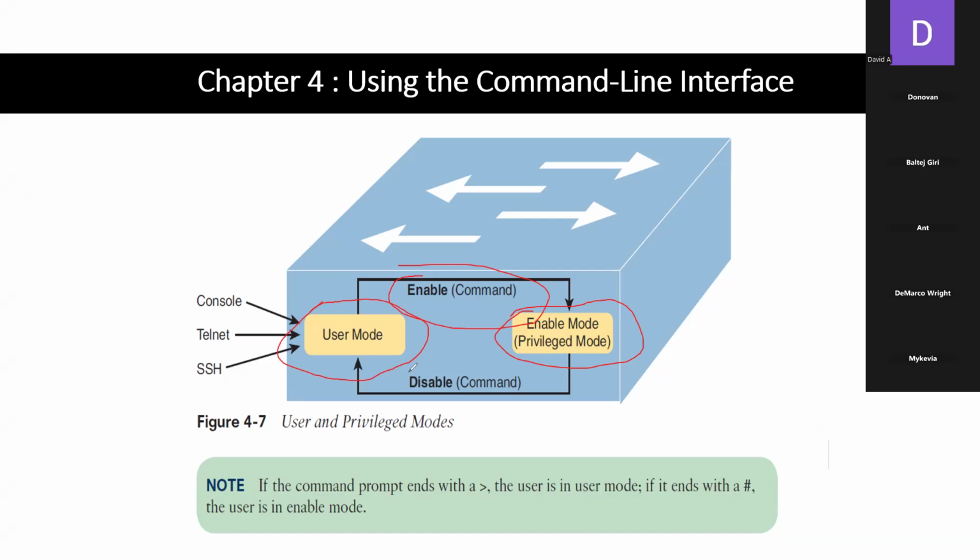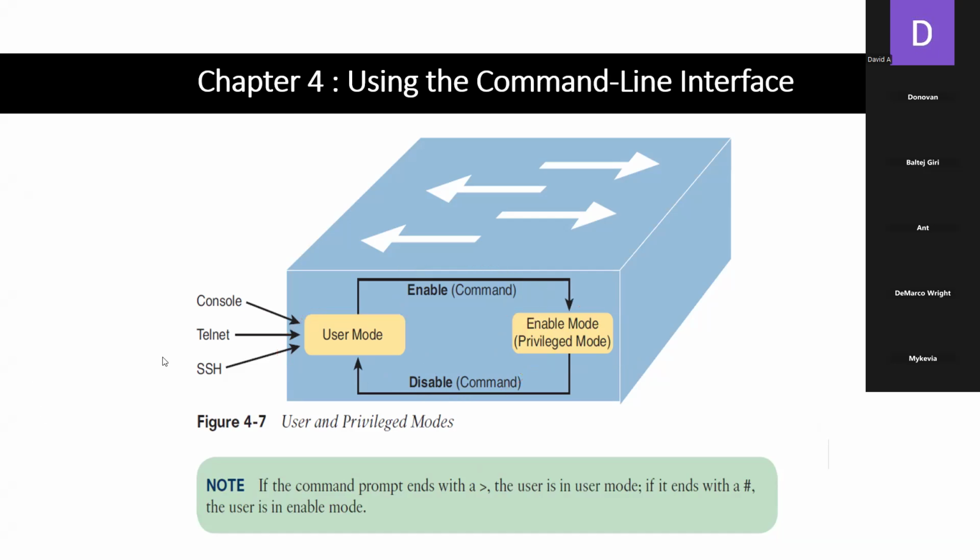But by default, without a configuration, if you use three different methods to access the CLI, you're automatically brought into user mode. If you want to get to privilege mode, you type the word enable. If you want to leave privilege mode, you type the word disable. And it will take you out of privilege mode and bring you back to user mode. Okay, let's keep going.